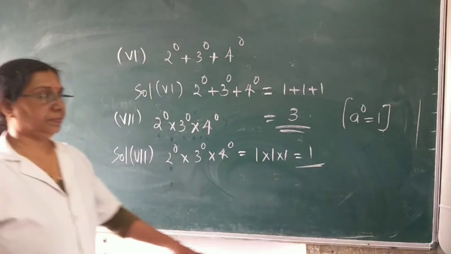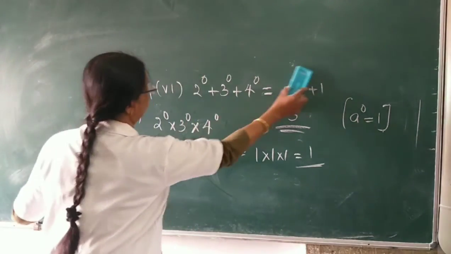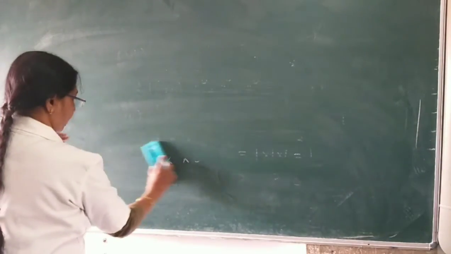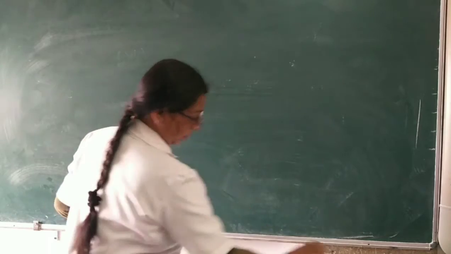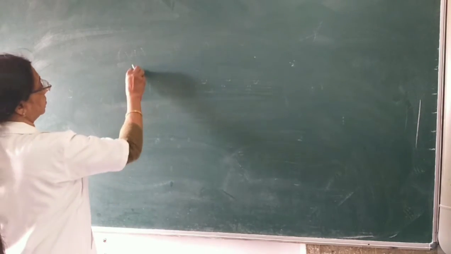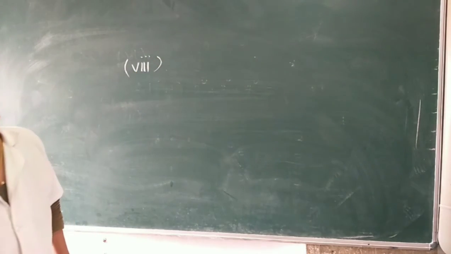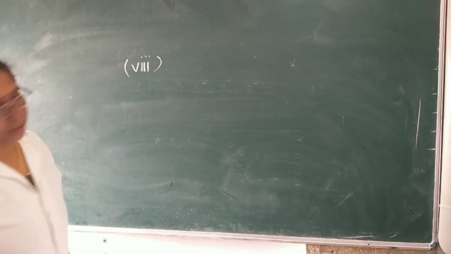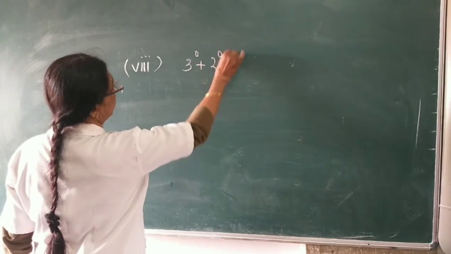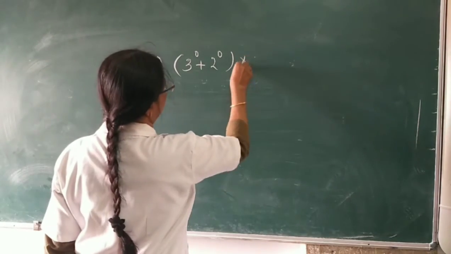Eighth question. 3 raised to 0 plus 2 raised to 0 into 5 raised to 0.